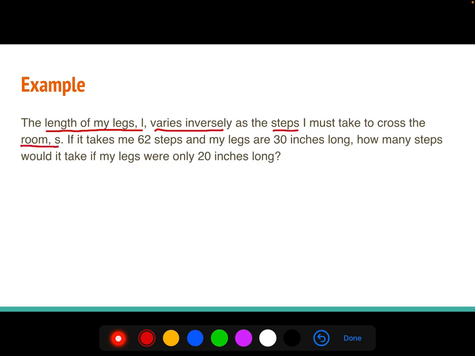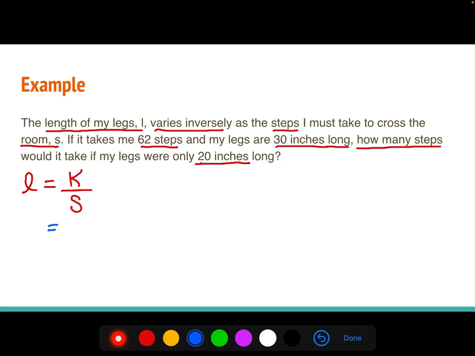All right, let's try another one that's slightly different. Again, the length of my legs varies inversely as the steps that I take to cross the room. Again, I have 62 steps when my legs are 30 inches long. And the question now is, how many steps would it take if my legs were only 20 inches long? So I'm going to go back to the same thing we did before.